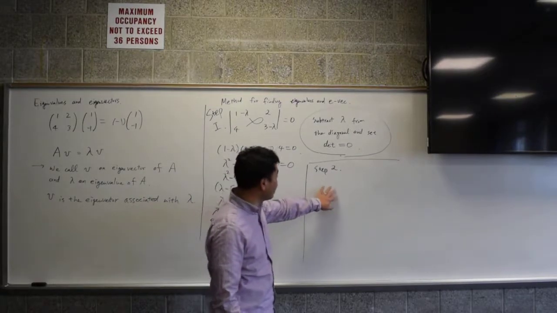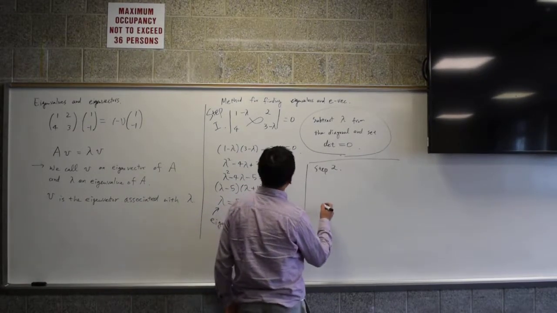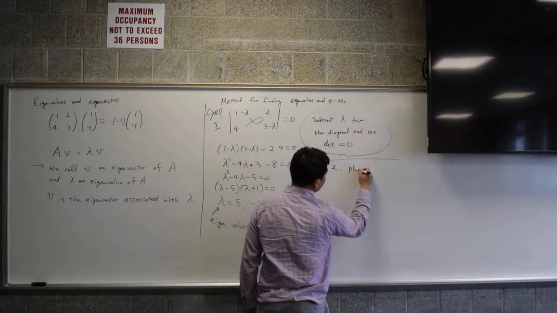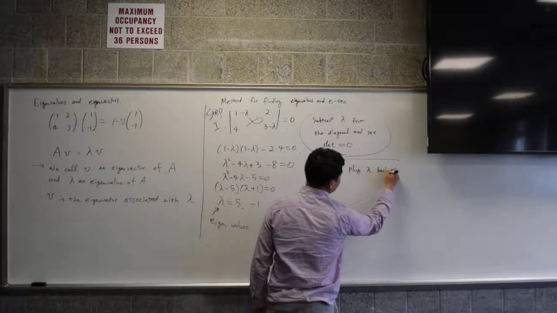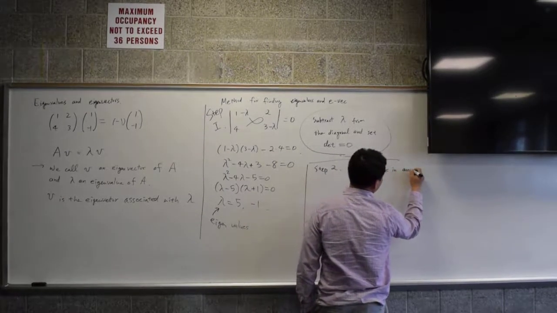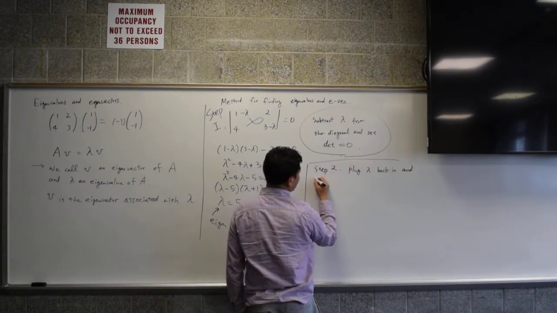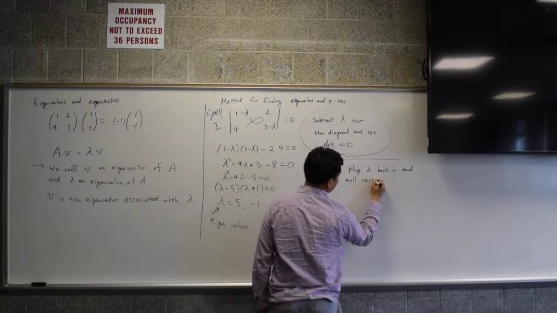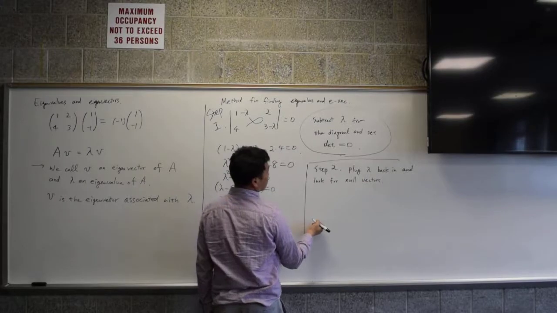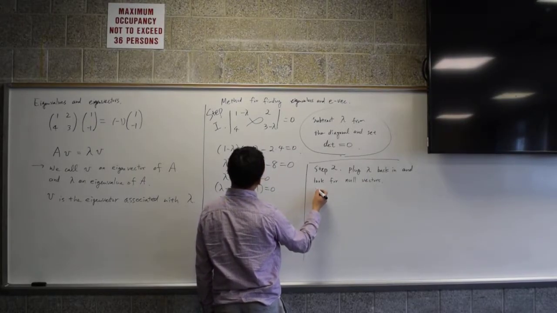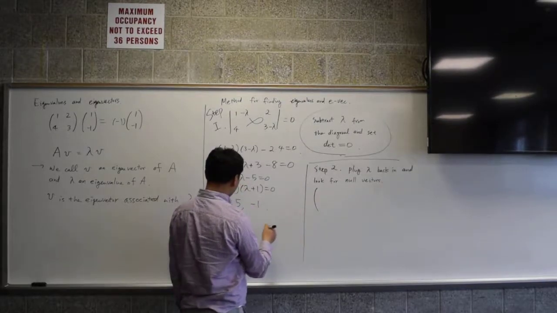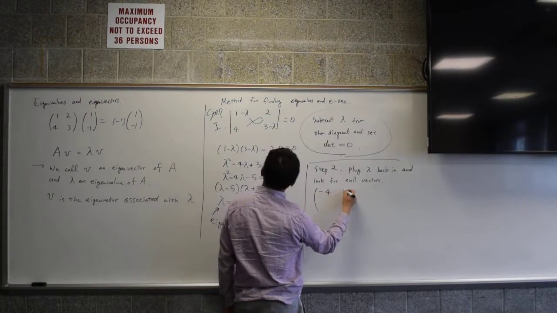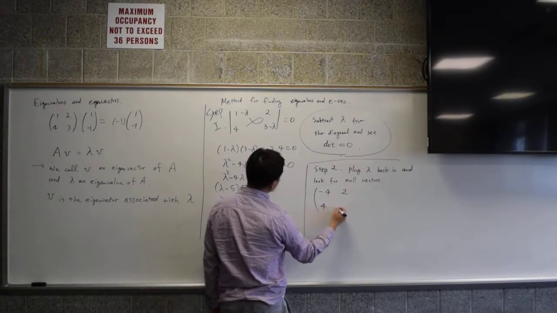But let me show you a slightly different, more efficient way, which is to take this one, plug lambda back in, and look for null vectors. If I plug the 5 back in, what do I get? I get negative 4, 2, 4, negative 2.